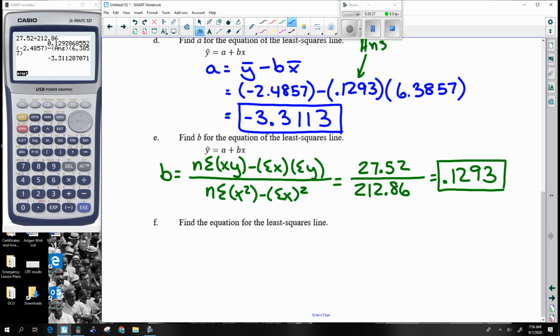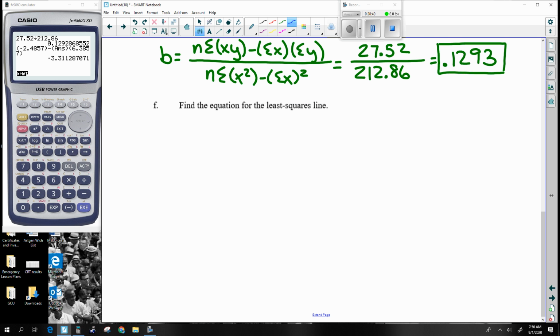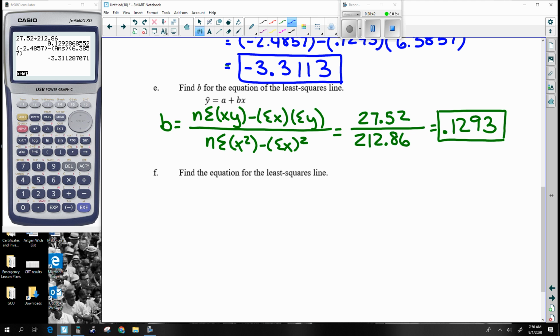Last but not least is to consolidate these two answers into one function, one formula. This equation is y hat is equal to a plus bx, and all I do is replace the letter A and the letter B. So the letter A was 3.3113 plus Bx.